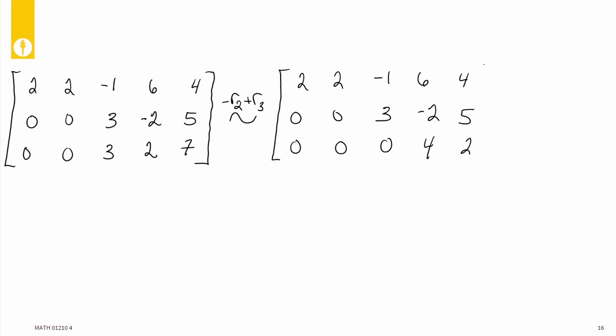Negative 5 plus 7 is 2. And now I can just make all of those 1s at the exact same time in the exact same step. No, sorry, 1/4 row 3, looking at the wrong matrix. 1/3 row 2, 1/2 row 1.